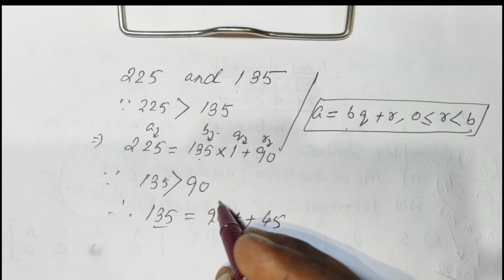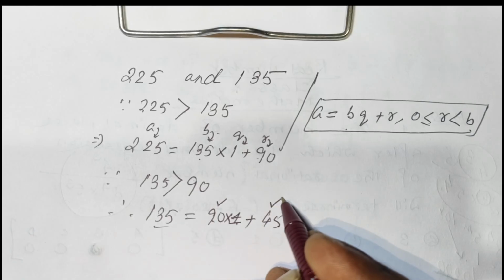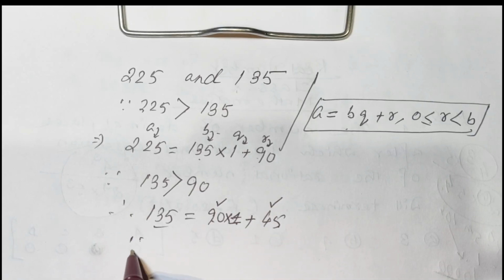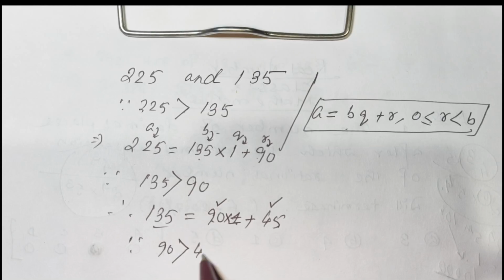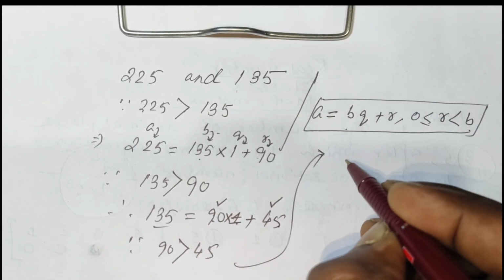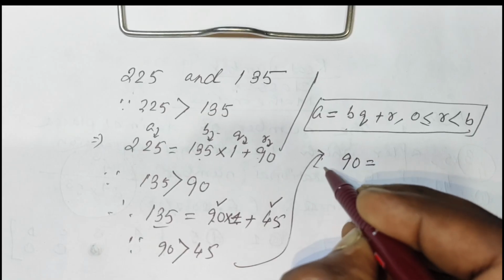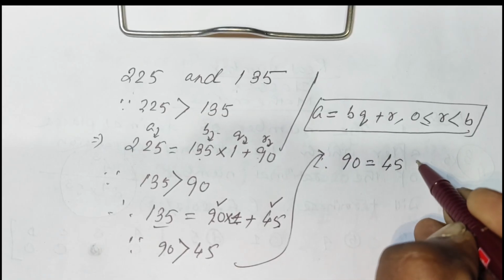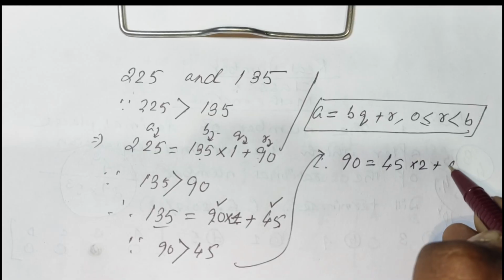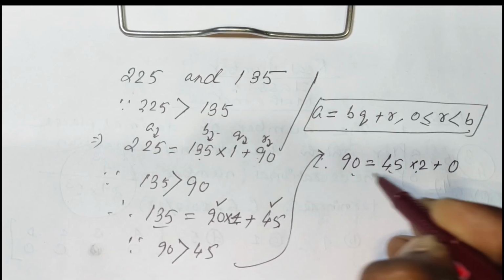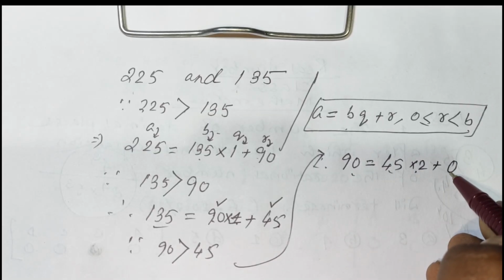Again, we need to compare the value of b and the value of r, right? So since 90 is greater than 45, my dear student, you can see 90 equal to 45 into 2 plus 0. 45 times 2 is 90, and the remaining number would be 0.